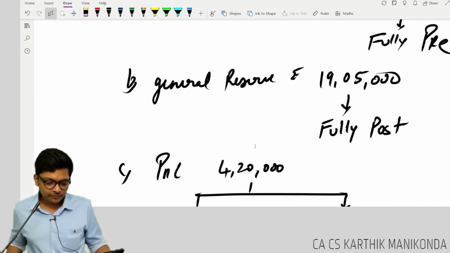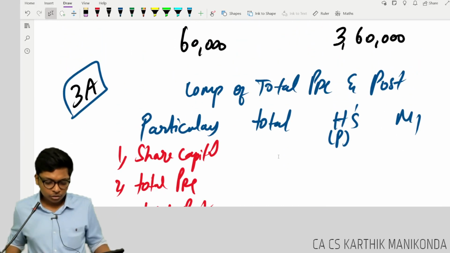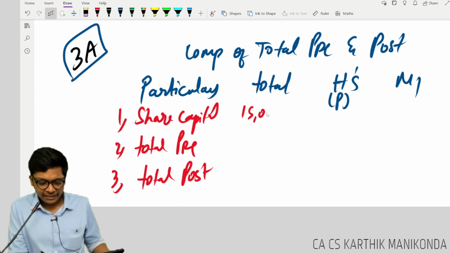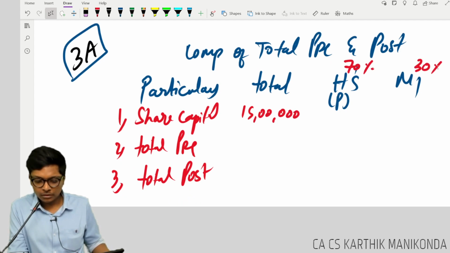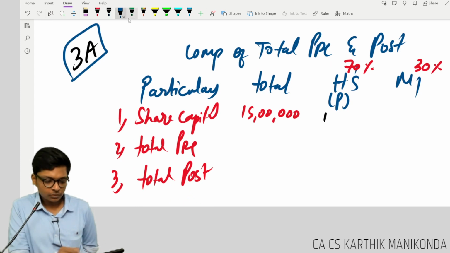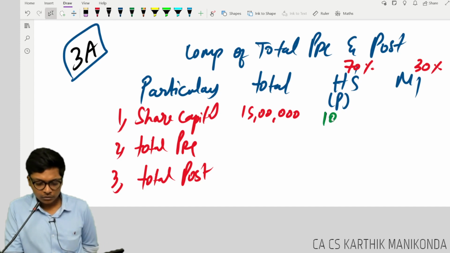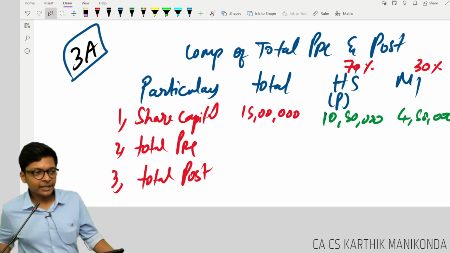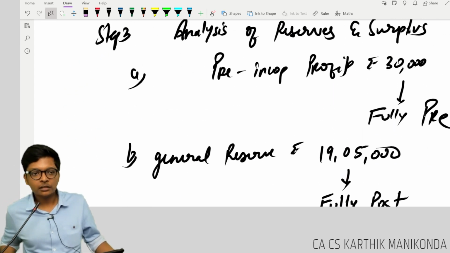Share capital is 15 lakhs. From this 15 lakhs, 70%, 30%. 70% is how much, guys? 10 lakh 50,000. So 4 lakh 50,000. Total pre: how to find total pre?